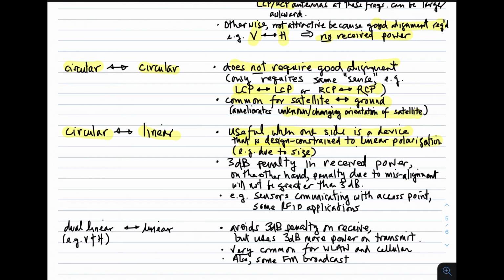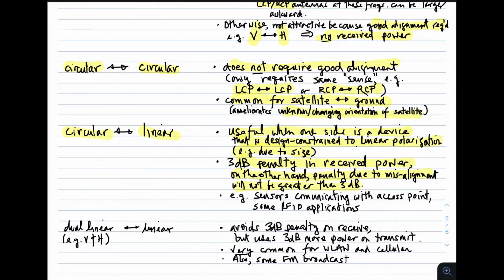Now this entails a 3 dB penalty in received power, going from circular to linear, but on the other hand, the penalty due to misalignment will not be greater than 3 dB. So it's a compromise. You give up 3 dB of power, but in return you know you'll never lose more power than that because of a misalignment.